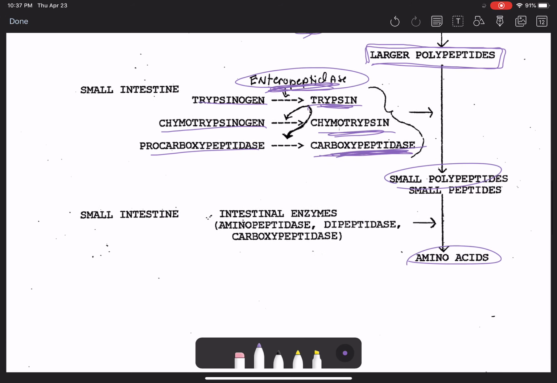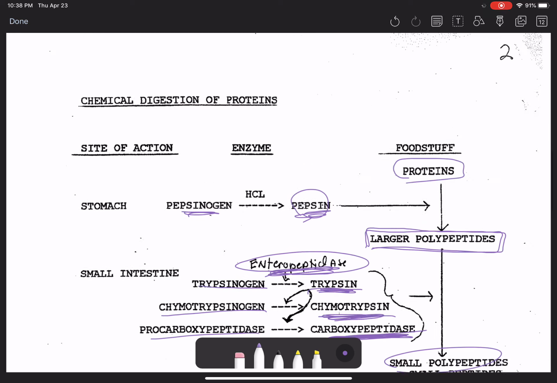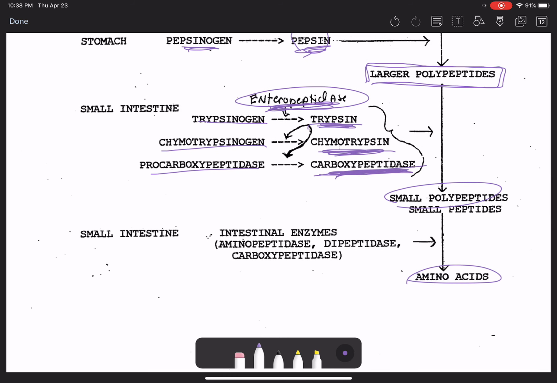Again, I don't want you to know all of the specific enzymes that we have listed here, but I do want you to understand the basic idea of what we're doing, in terms of breaking down a large molecule into its subunit molecules. You should know that you break down the carbohydrates into monosaccharides ultimately, and that this occurs over multiple steps across the GI tract, finally ending in the ultimate breakdown via the brush border enzymes tethered to the small intestine.